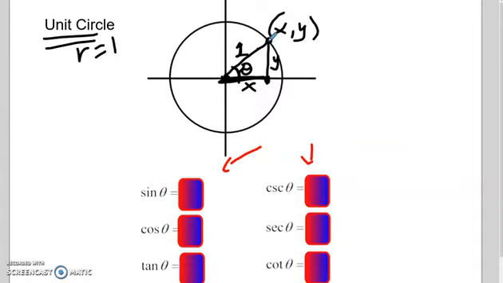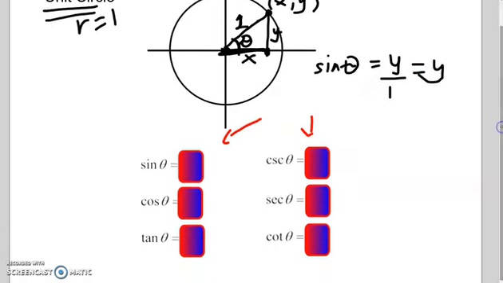So now, remember, we know sine of theta is opposite over hypotenuse. So if it's opposite over hypotenuse, that's y over 1. We just write it as y. Now, if the circle had a radius that wasn't 1, of course, we would say y over r. But we can go on down the line and use our standard definitions here.